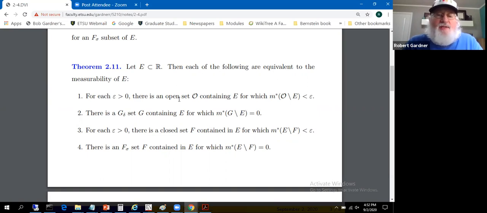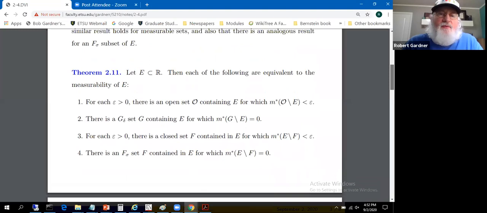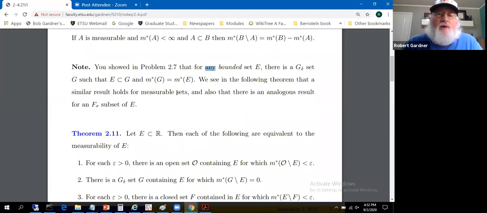So this covering with a G delta set idea and looking at the outer measure of the set difference is a little bit different from what we have up here. Here we're covering E with a G delta set G, and the two sets E and G have the same outer measure. That doesn't necessarily imply that the outer measure of the difference equals 0 up here.